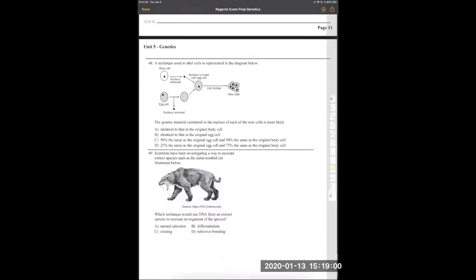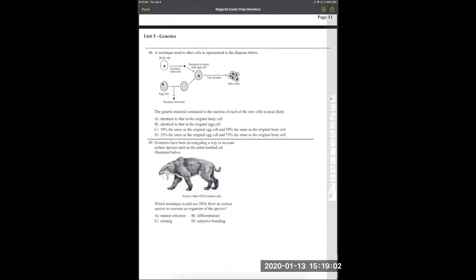Do we have any more? Okay, I think this is our last page. Let's take a look at this. A technique used to alter cells is represented in the diagram below. Now, what do we see? We see a body cell. There's a nucleus removed. So you remove the nucleus. You turn a eukaryote into a prokaryote almost. And then there's an egg cell.